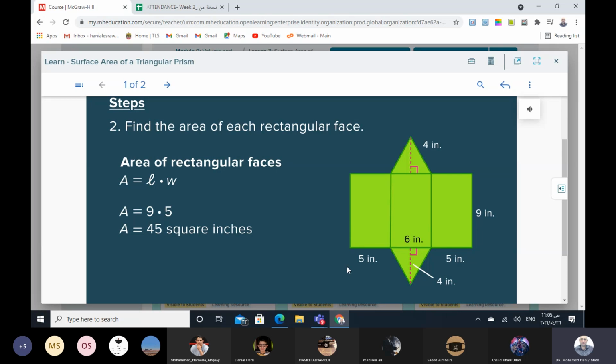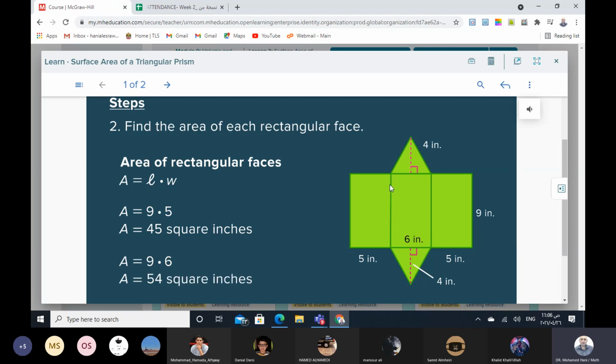So how to find the area of the rectangle? A equals length times width. The length will be here 9 and the width will be 5. So 9 times 5 will be 45 square inches. Multiply length 9 inches times width 6 inches.